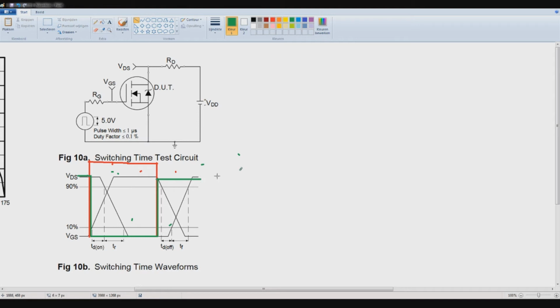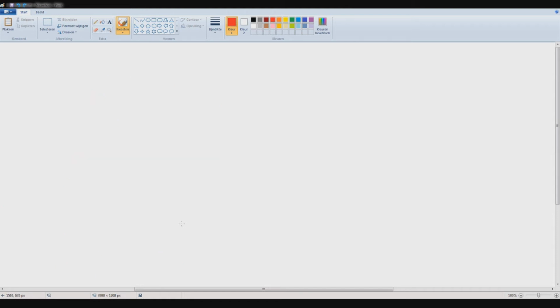This would be ideal, for example, but it's not the case obviously, because nothing is ideal. So then we have this realistic graph, and of course at the turn off you have again switching losses with delays.